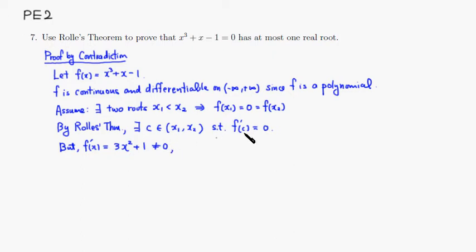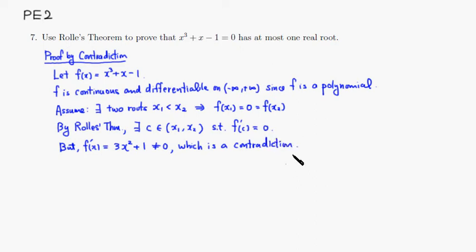Which is a contradiction, because according to Rolle's theorem, you have to be able to find such a c that f prime is equal to 0, but we know that can never happen.